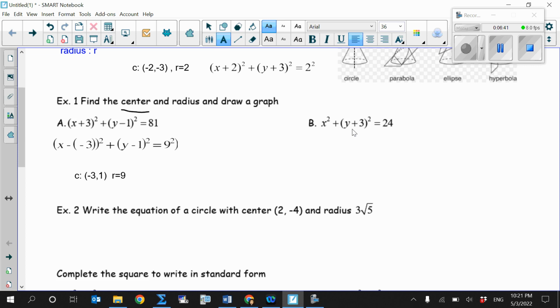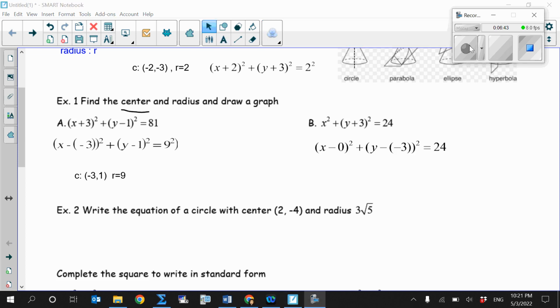So I can write the equation in this way: x minus 0 squared plus y minus negative 3 squared, because if I don't have anything after x, that means it was 0. And here I have plus 3, that was actually y minus negative 3 squared. So now I can identify the center, which is 0 and negative 3.